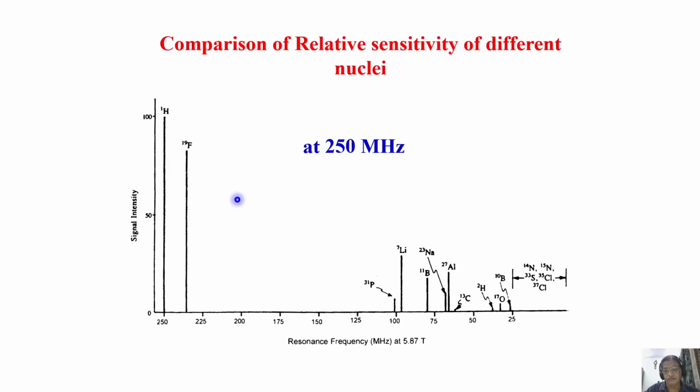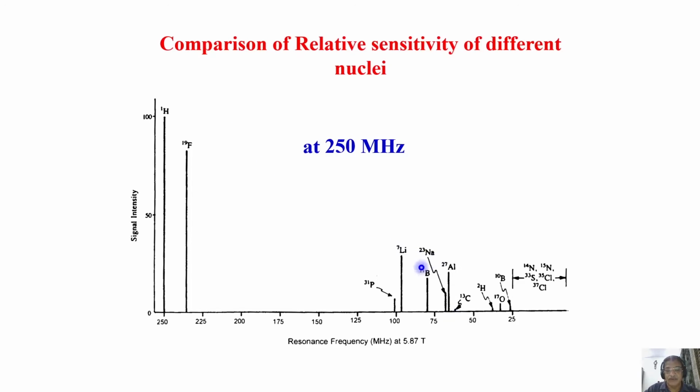Come to the nuclei here in this range. Look at carbon 13, which is another exotic nucleus which we always study. Organic chemistry people cannot do away with carbon because carbon is present in their molecules. They have to see carbon nuclei apart from proton. But look at its sensitivity relative to that of proton. You can hardly see the signal.